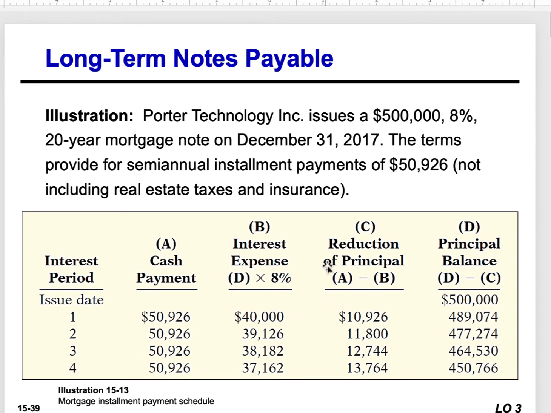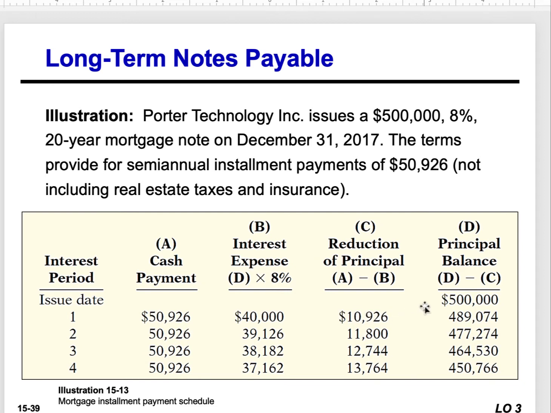Then we need to figure out how much we are reducing the principal balance. Well, that's easy. We take the payment, $50,926, and subtract the interest portion of that payment, which we just calculated, $40,000. We get $10,926. This amount, $10,926, is the amount that we reduce the principal balance by.